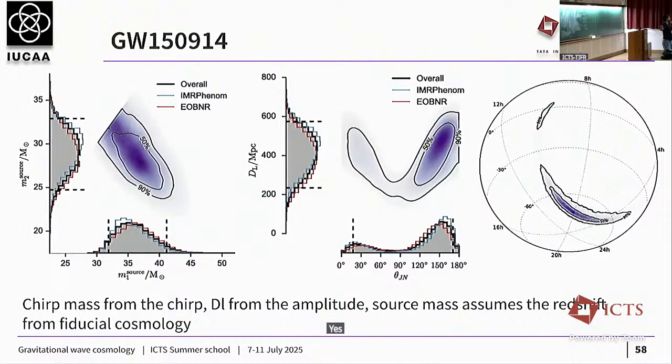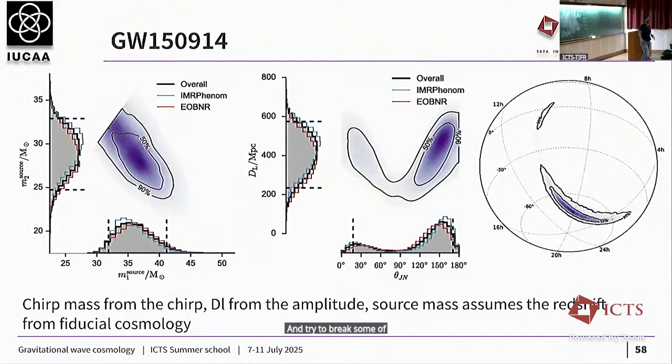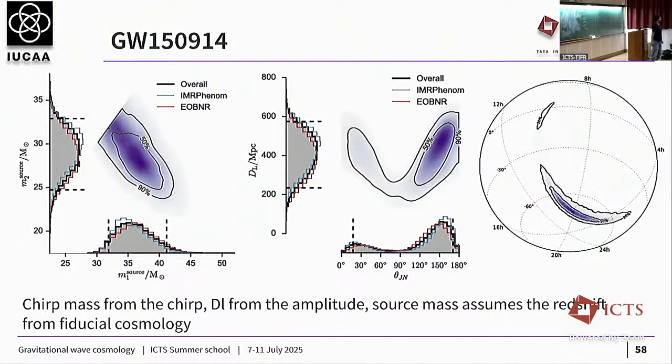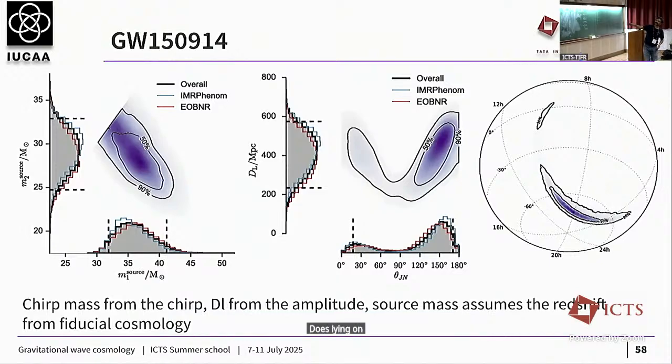Yes. So then you need to measure more and more things, more and more precisely, and then you can get more information and try to break some of these degeneracies. But even this is quite a loud event. Even for this, you can see the degeneracy is pretty much there. And this degeneracy, you should try to plot what is this degeneracy direction. Does lying on this line give you an equal chirp mass?